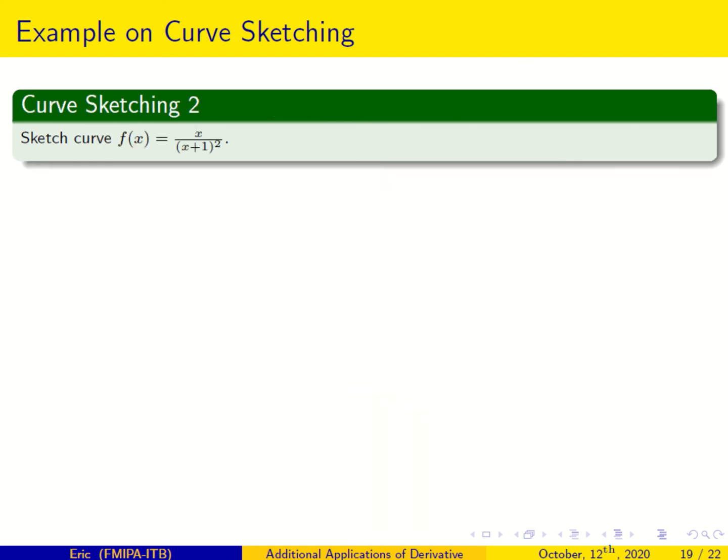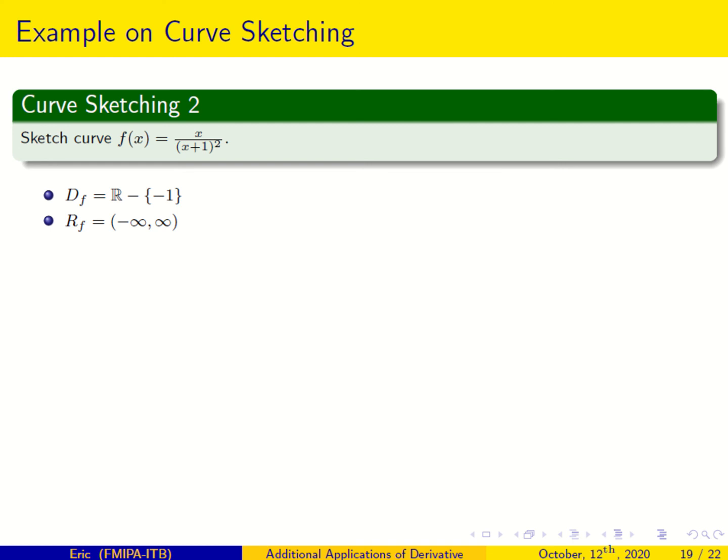The second one, we want to try to sketch this curve: x divided by (x plus 1) squared. The domain must be R, but minus 1 is not included because this is a rational function. And the range of f is from minus infinity to infinity. But I think 0 is not included?